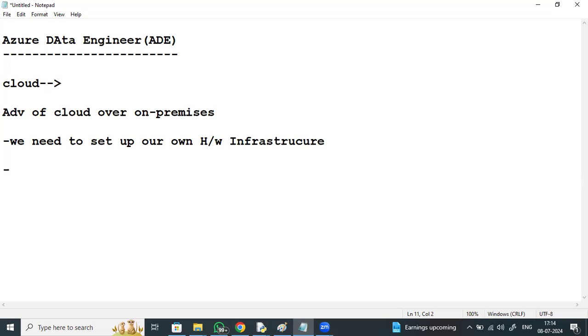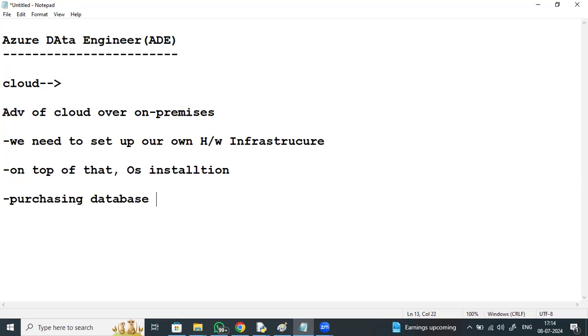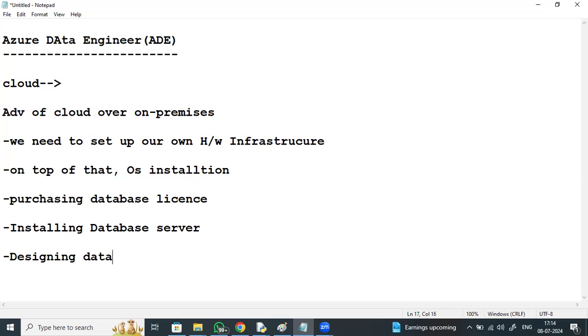Secondly, on top of that, OS installation. Next, purchasing database license. Next, installing database server. Finally, designing database objects.